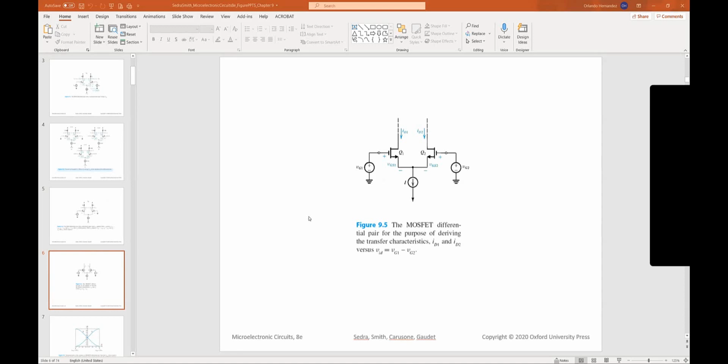And this is what we're going to be using to derive the transfer characteristic of the drain currents versus the differential input voltage as we have defined it. Okay, that's the quantities of interest there. All right, let's keep going with analysis. So the quantities of interest are the drain current for transistor 1. So again, we just write our drain current equation.